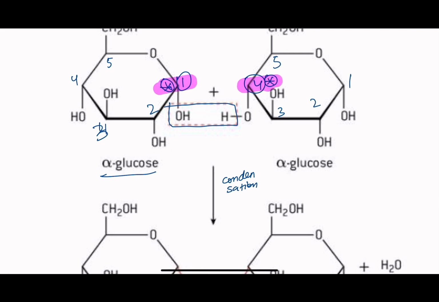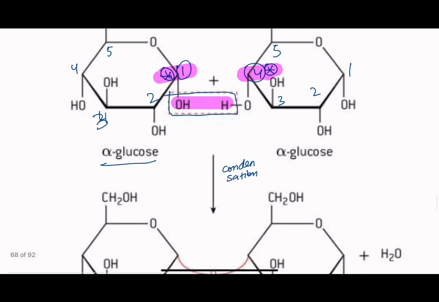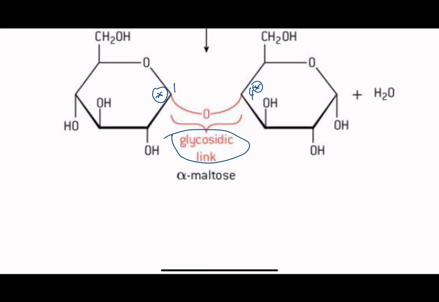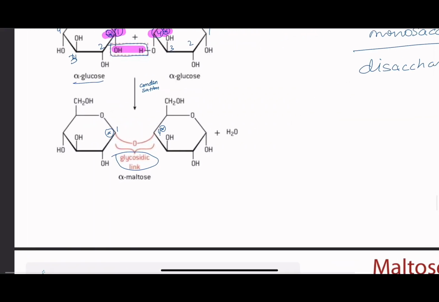And then we remove this water from here, and then we connect just this with oxygen, like a bond like that. And then look at here. Now, the first carbon is connected with the fourth carbon, and this is called a glucosidic link.